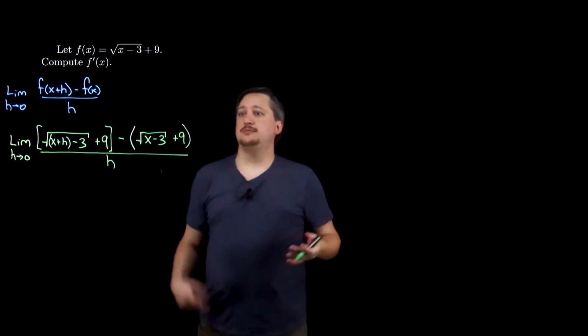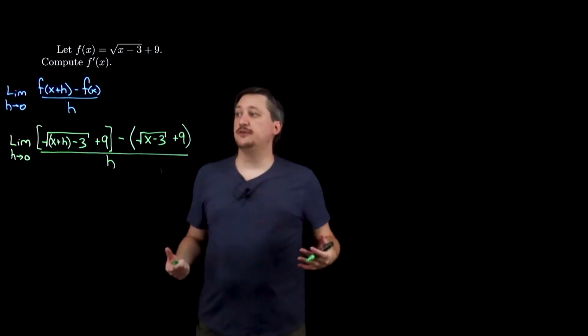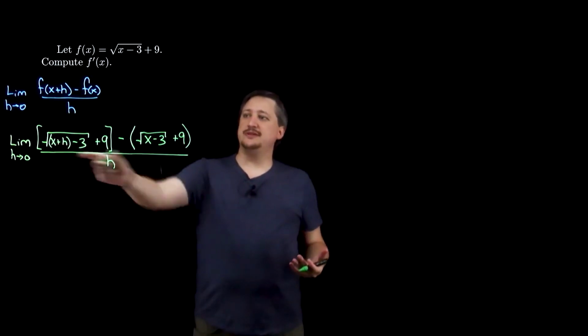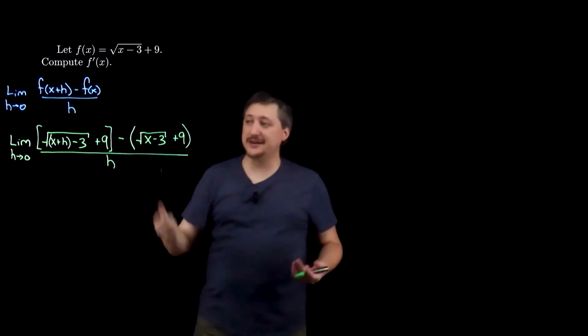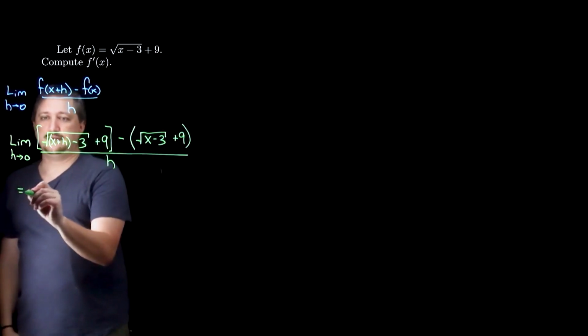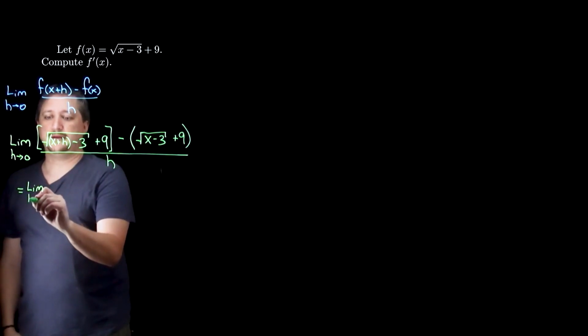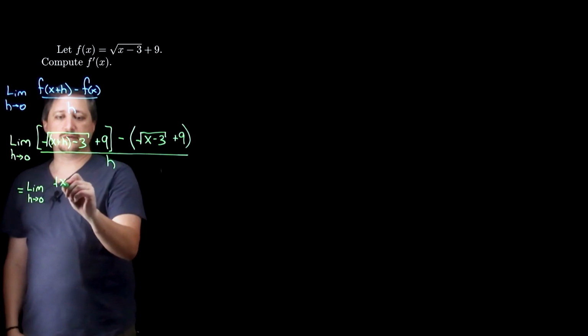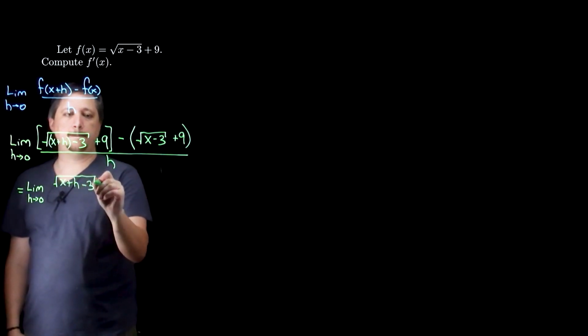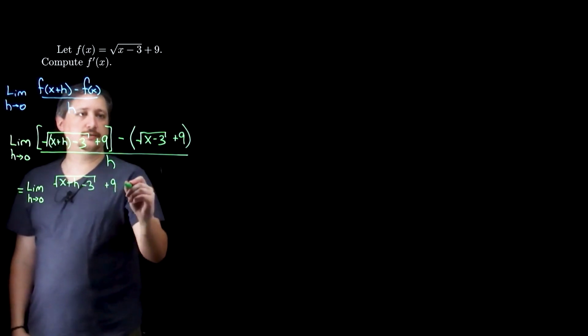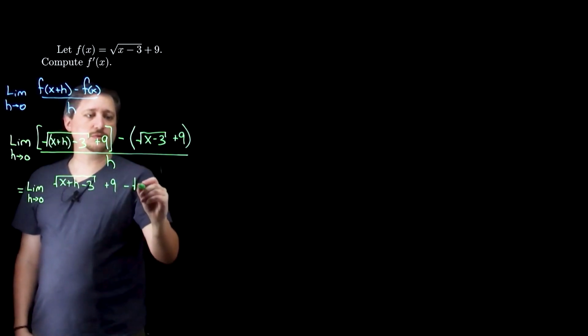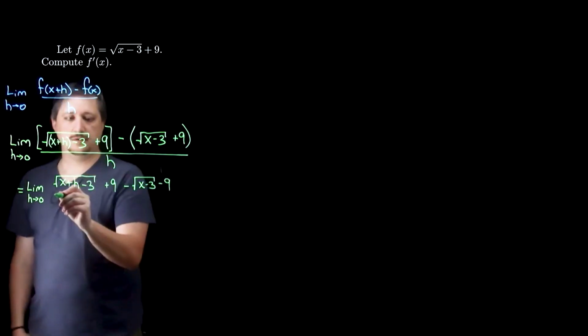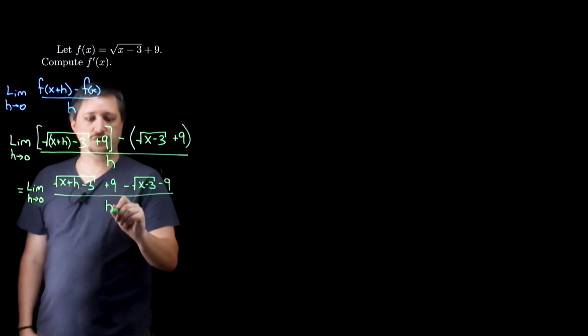Okay, so now same deal. I'm going to expand whatever I can. Not much I can do with this, not much I can do with that, but I can expand the negative. So I'm going to have the limit as h goes to 0 of square root of x plus h minus 3 plus 9 minus square root of x minus 3 minus 9 all over h.